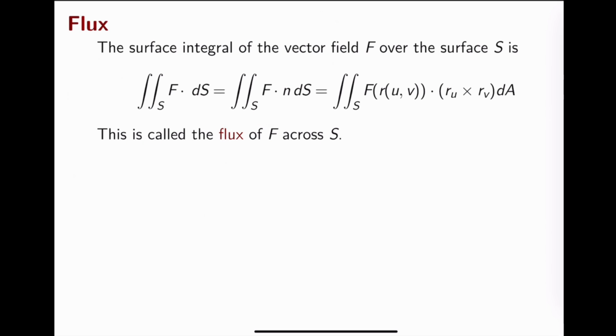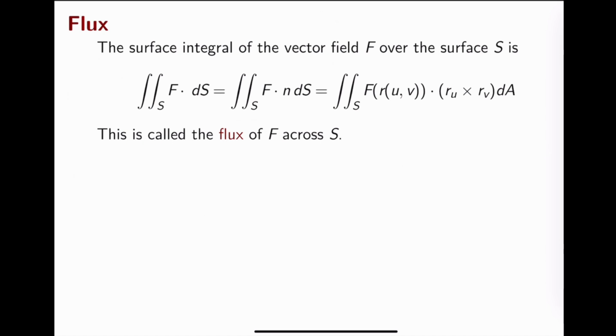The surface should be oriented, and then this can be calculated as the vector field evaluated at the parametrization of the surface, and then the dot product with the normal vector that we explained how to calculate before. This integral is very important in physics and is called the flux of the vector field across the oriented surface S.